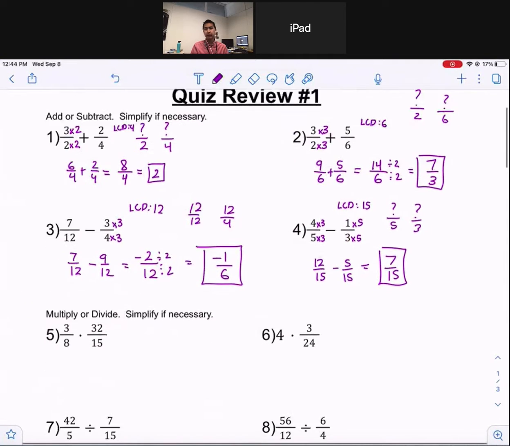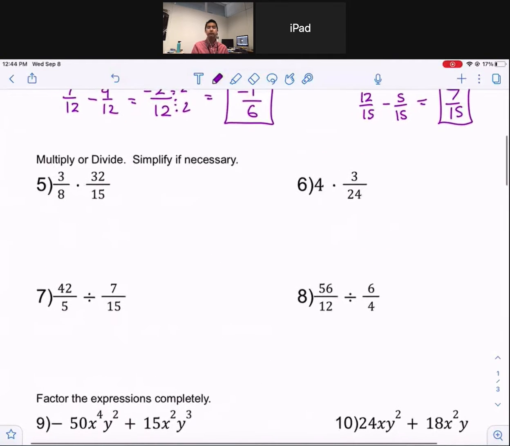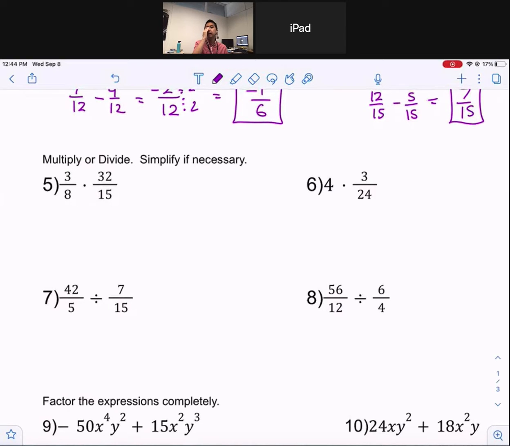So that's your guys' adding and subtracting. Okay, multiplying and dividing. So to multiply and divide, you guys have to cross cancel. So we could cancel off the 3 and 15. Why? Because we can divide 3 and 15 both by 3. 3 divided by 3 is 1. 15 divided by 3, you guys, is 5.